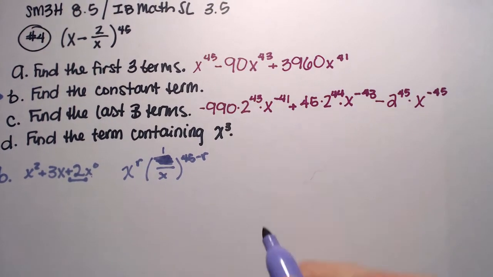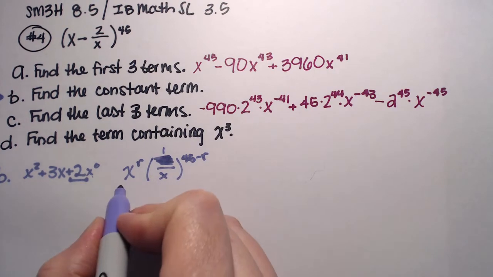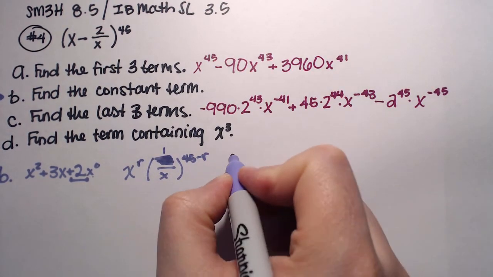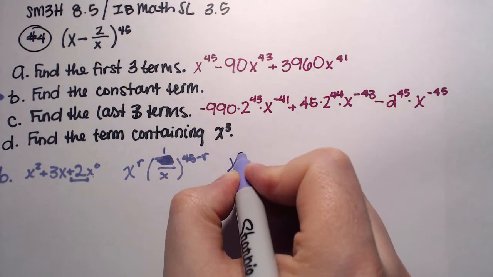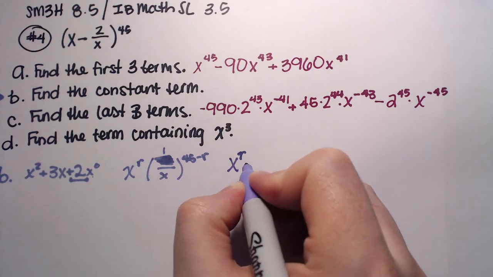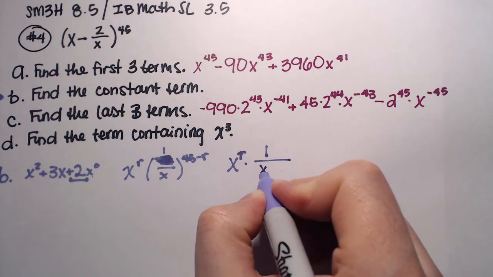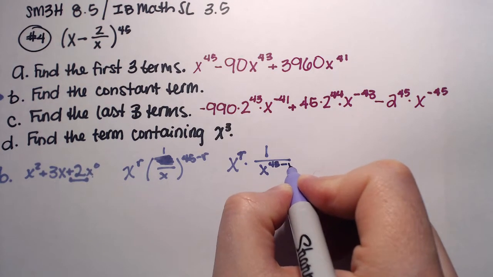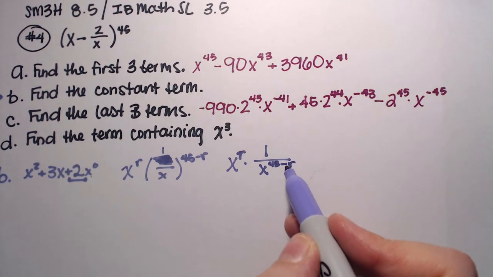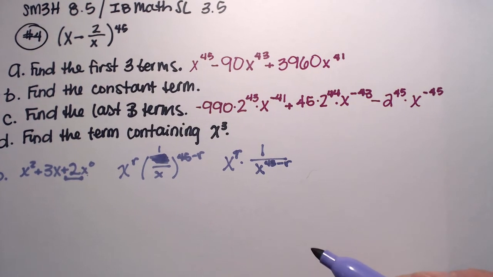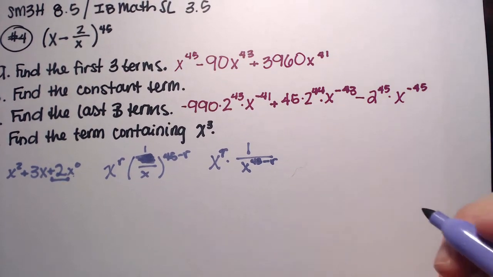So basically what you're doing is you're going to take x to the r times 1 to the, whatever this is still going to be, 1 over x to the 45 minus r. Well, I can separate those if I think about my exponents.